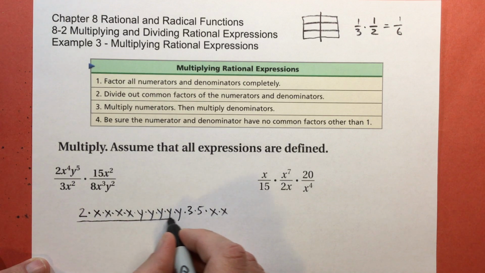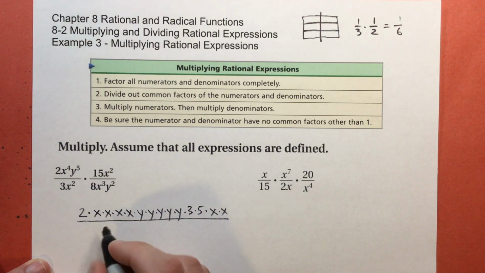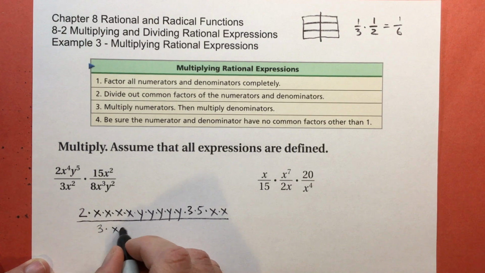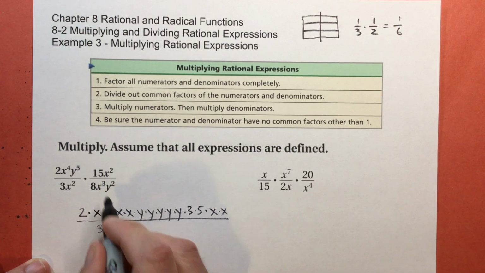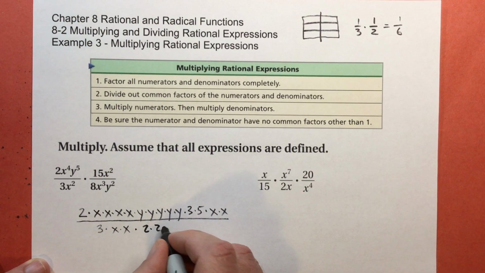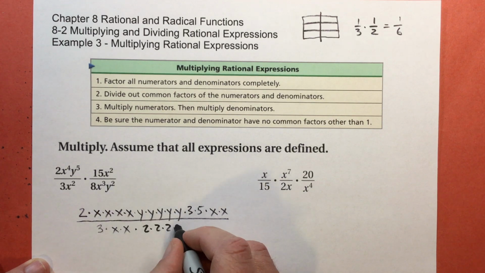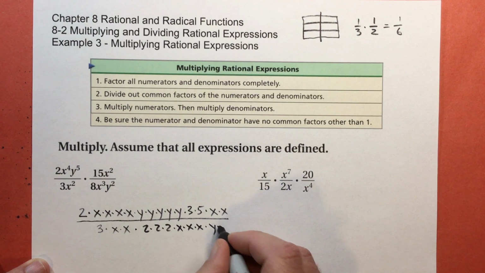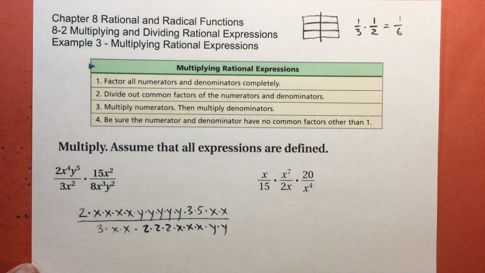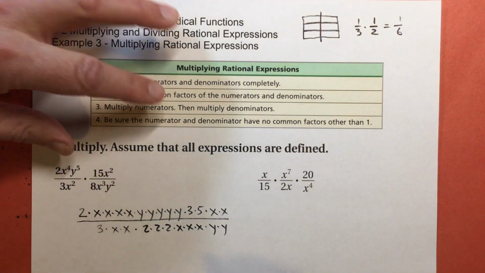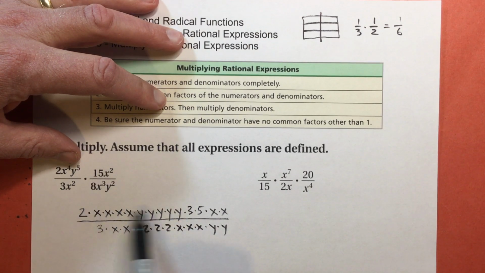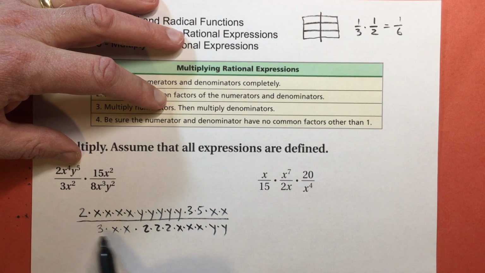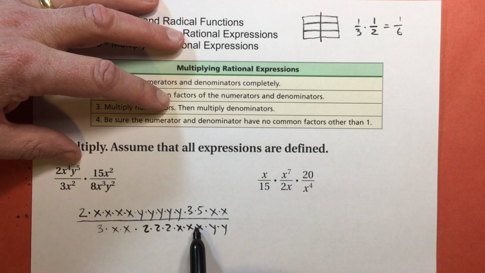This is all divided by 3x squared, which is 3 times x times x, times 8, which is 2 times 2 times 2, x to the 3rd, which is x times x times x, and y to the 2nd, which is y times y. Okay. I'm looking for factors in the top that are the same as factors in the bottom, numerator and denominator, because those are going to simplify to the number 1.